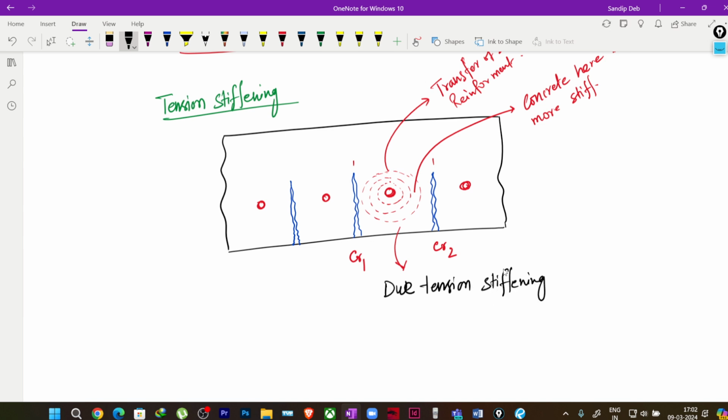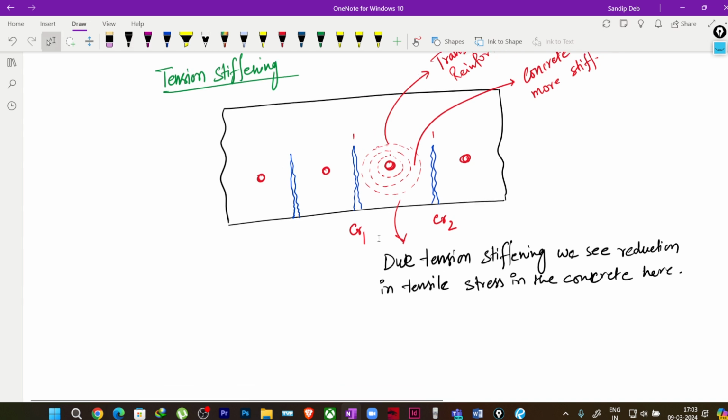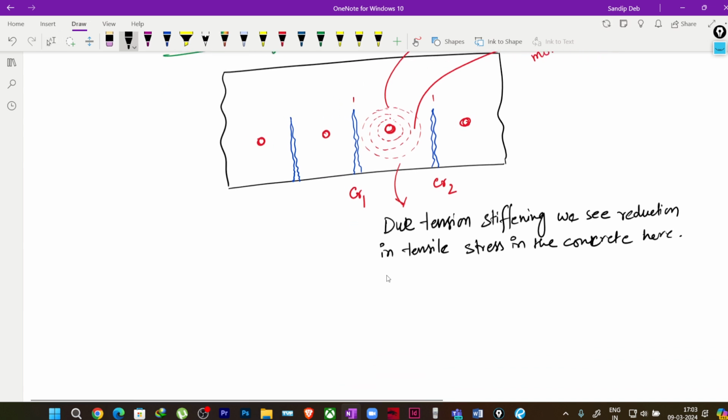So now due to tension stiffening, we see reduction in stresses, reduction in tensile stress in the concrete here, right?